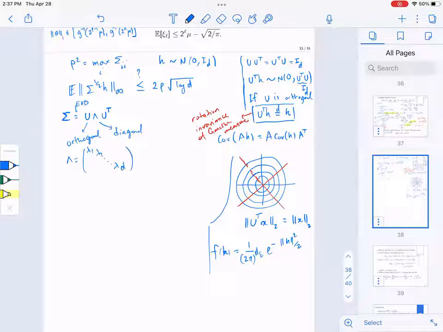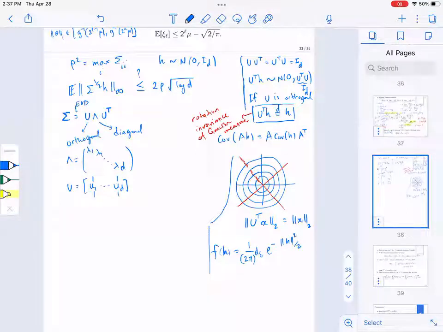In U, you have U1 up to UD. These columns are the corresponding eigenvectors. So U1 is the eigenvector corresponding to lambda 1, U2 corresponding to lambda 2, and so on. Usually you order the eigenvalues in decreasing fashion, but it's not necessary. So we have a decomposition like this.